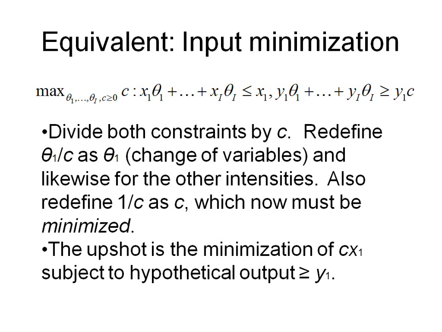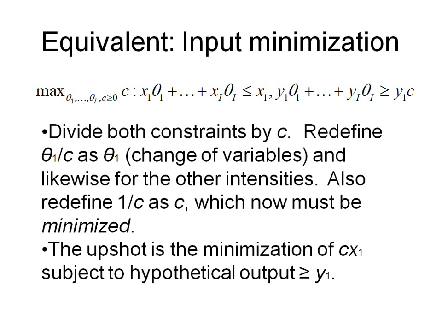This is the same linear program as before, but if you divide both constraints by C, and make a change of variables, defining theta 1 over C as the new intensity theta 1, and redefining 1 over C as C, then everything translates, and you contract input x1 such that you still produce output y1.